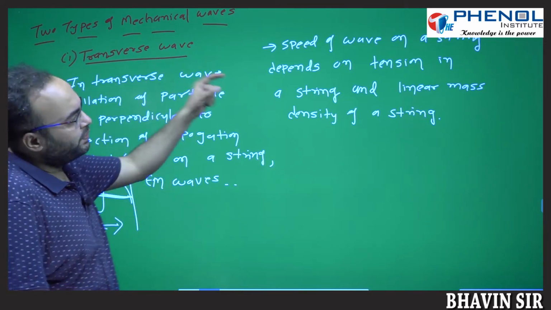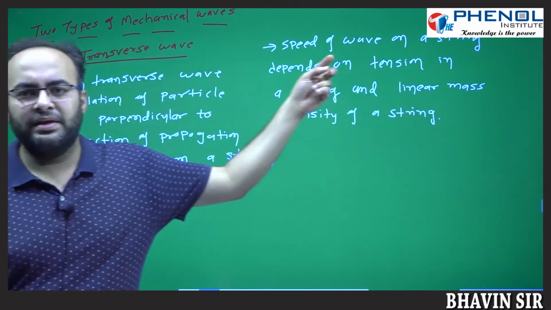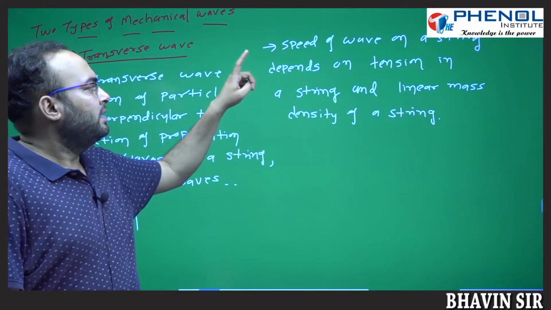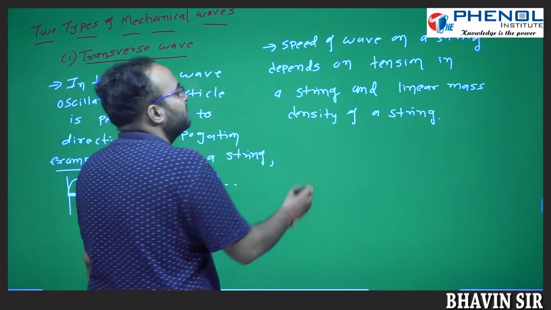Clear? So speed of wave on a string depends on what? Tension in the string and linear mass density of the string.